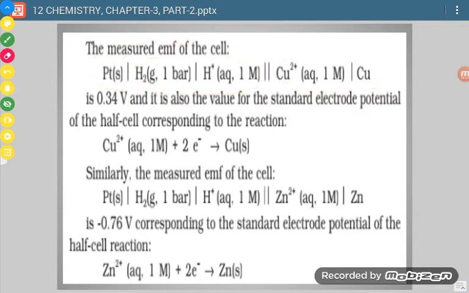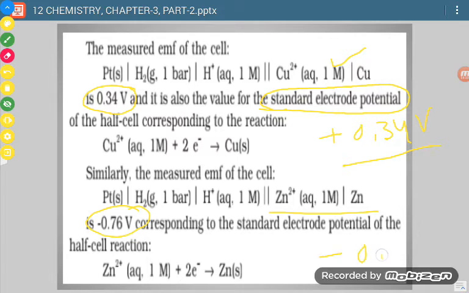Now when we do that, the EMF value is found to be this much, and when we calculate it, we can determine that the standard electrode potential of this half cell is equal to plus 0.34 volt. Similarly, if we connect the zinc half cell, then the value will be minus 0.76 volt.